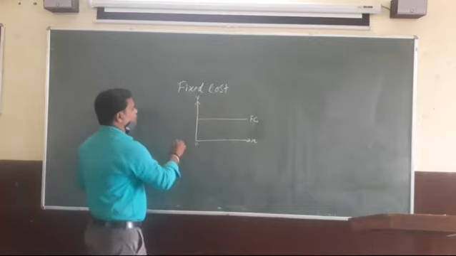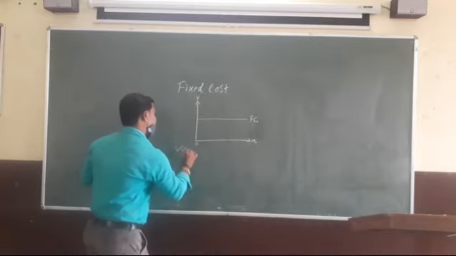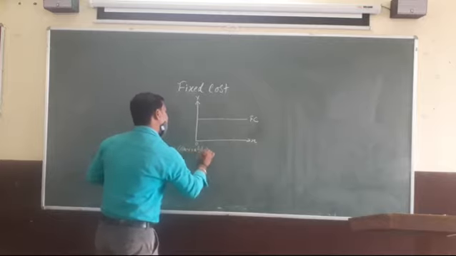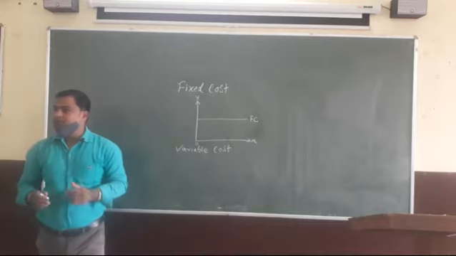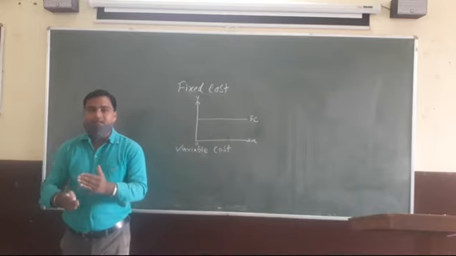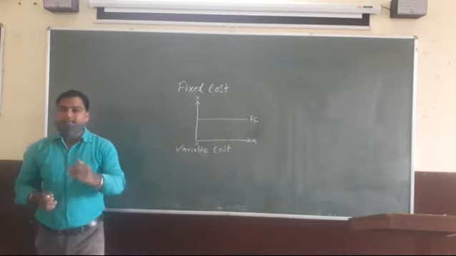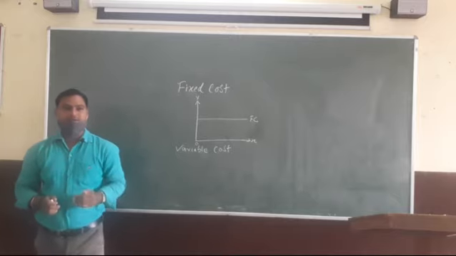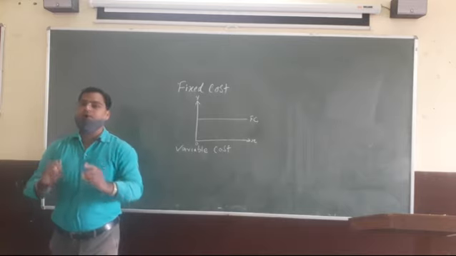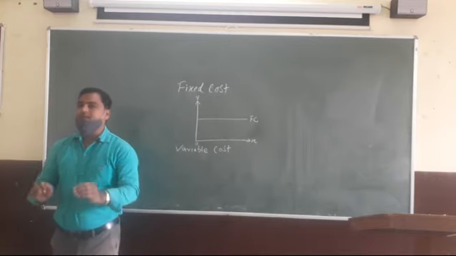Second is variable cost. Variable cost varies with the production. It increases with the increase in production and decreases with the decrease in production. If there is zero production, if you are not producing, expenses will be zero.